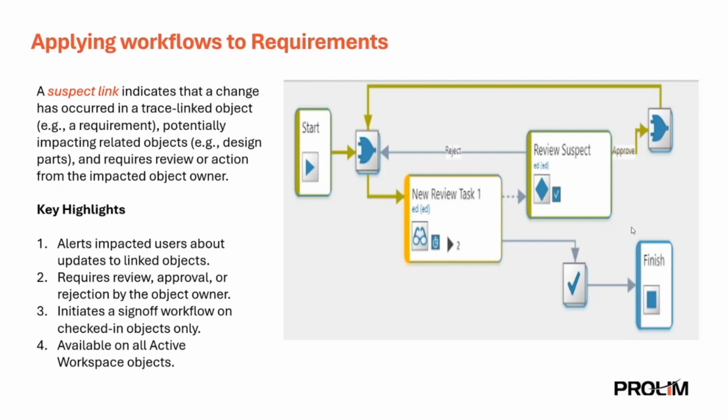So this system helps keep everyone informed about important changes and makes sure that linked objects stay consistent throughout the product's development. Now let's see the suspect link sending a notification inside Teamcenter.